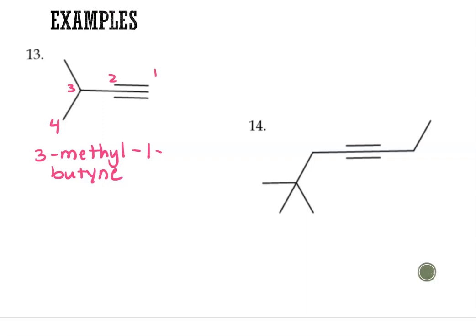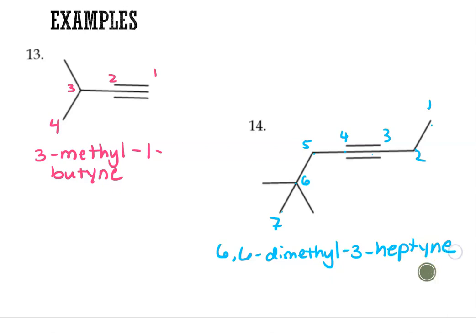And then here we have 1, 2, 3, 4, 5, 6, 7. So we have 6,6-dimethyl-3-heptyne.